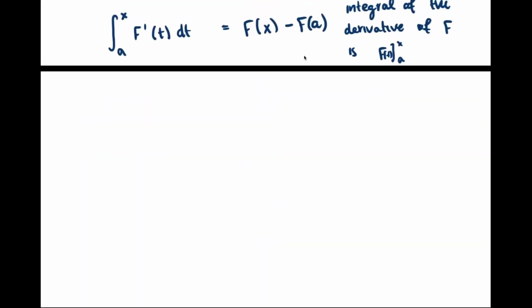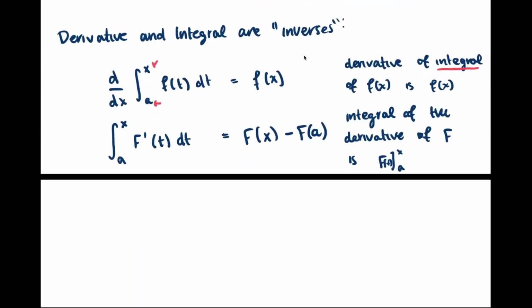Because of this, it's going to be useful to have notation for talking about antiderivatives. So far, we've just been calling the antiderivative of a function the capital letter of whatever the original function was. But we'll make some new notation for antiderivatives.